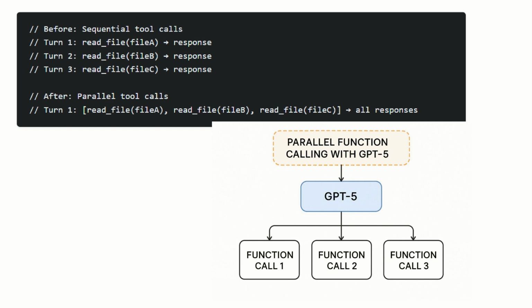With parallel tool calls, it's just one model turn, and we're doing all 3 of those reads at the same time, and then getting that response. So it's all happening at the same time instead of 3 separate model turns. What this enables is faster agents, faster thinking, and a better interaction with users.